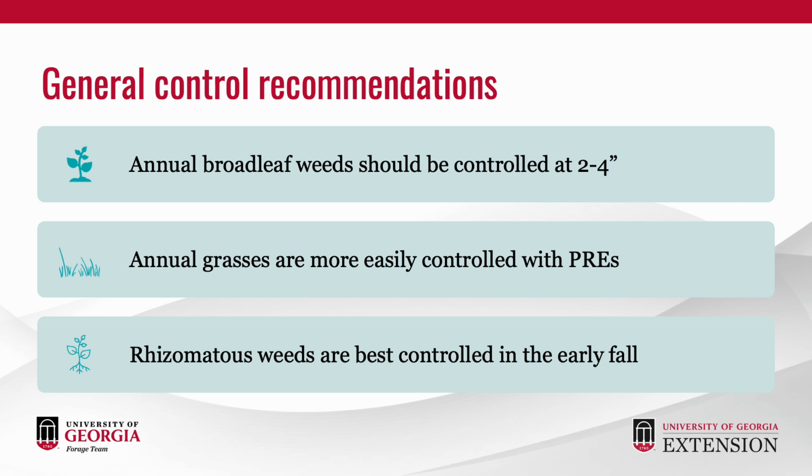Overall, our annual grasses are much more easily controlled with our pre-emergent products compared to a post-emergent product. These would include things like crabgrass and ryegrass. They do have some post-emergent options available, but a lot of them have low efficacy, or the products are very injurious to our desirable grasses.